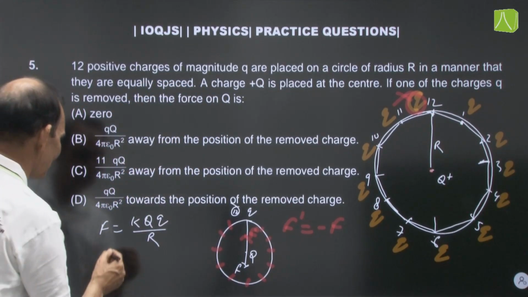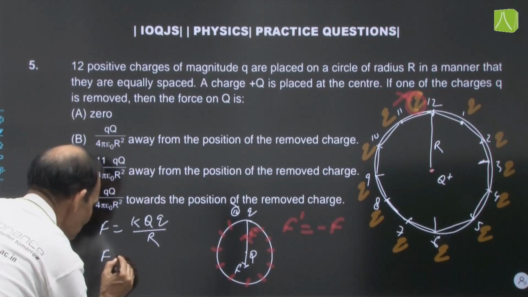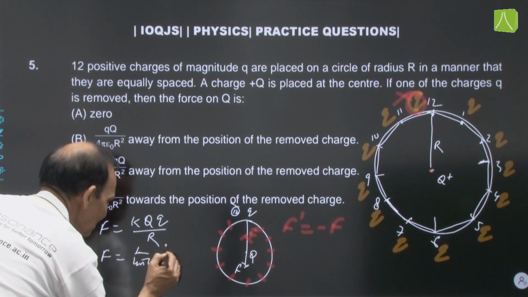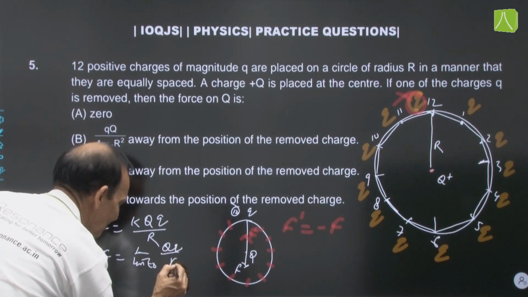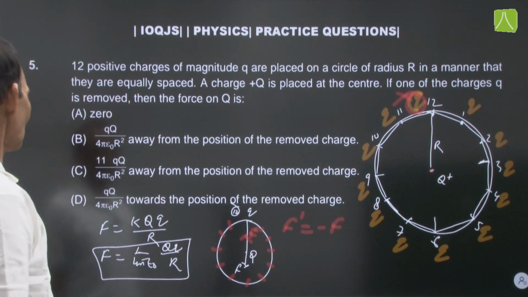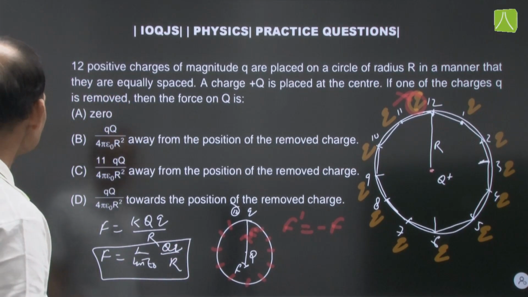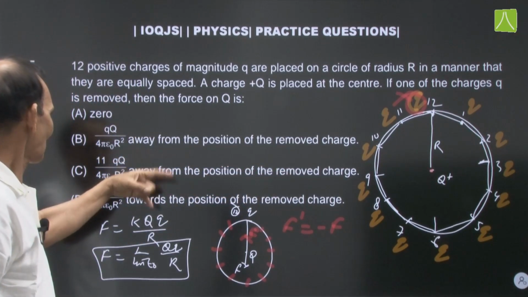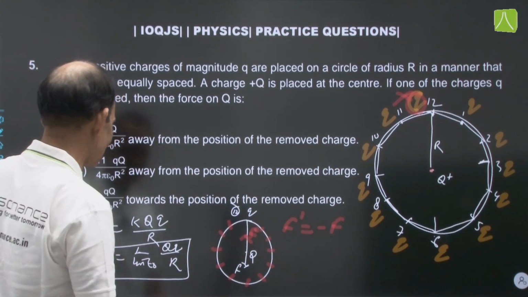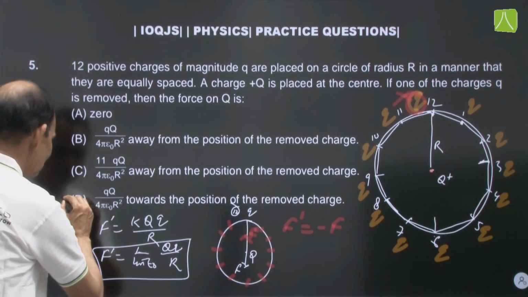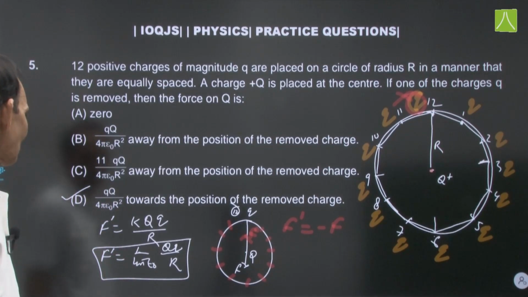Now we can also write F is equal to K, whose value is 1/4 pi epsilon naught, qQ divided by R squared, towards the removed charge. So the answer is... it is towards the removed charge, it is F dash.